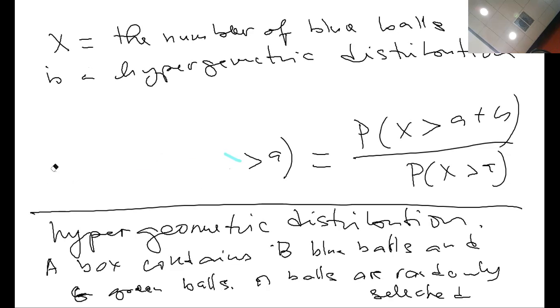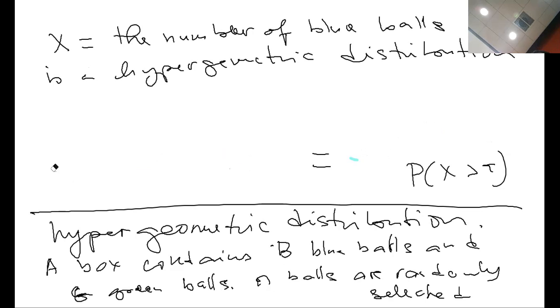That is it for hypergeometric distribution. It's a distribution like that. The difference here is that they are not actually independent when you select the balls because you are not returning them.